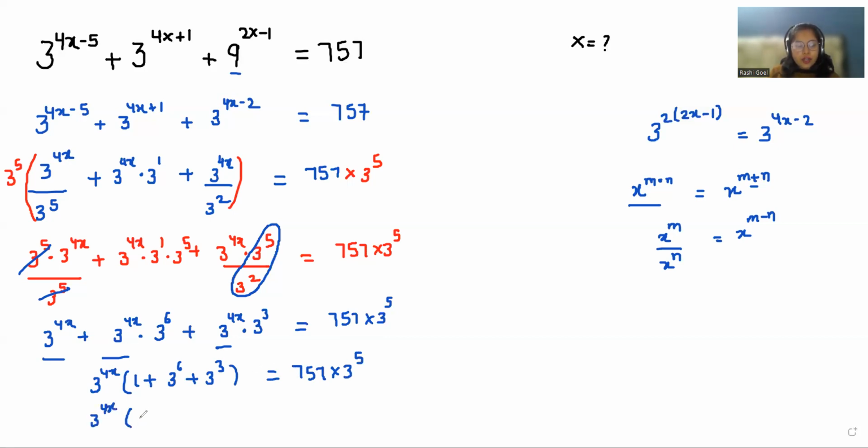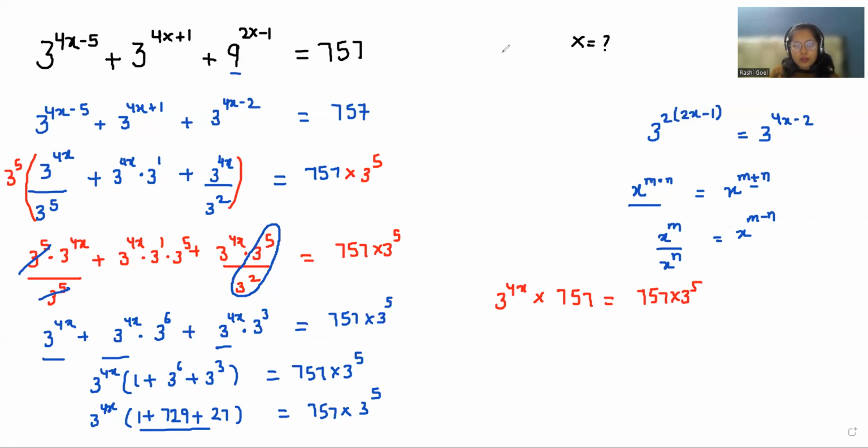So 3 power 4x, 1 plus 3 power 6, we can call it as 729, plus 3 power 3 as 27, is equals to 757 times 3 power 5. Now if we add all the three terms, we get 3 power 4x multiply 757 is equals to 757 times 3 power 5.